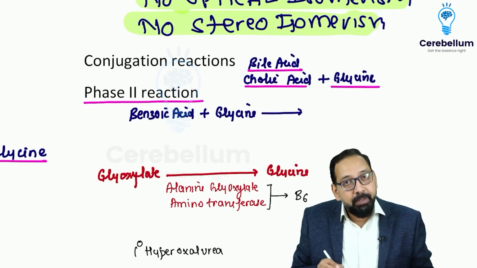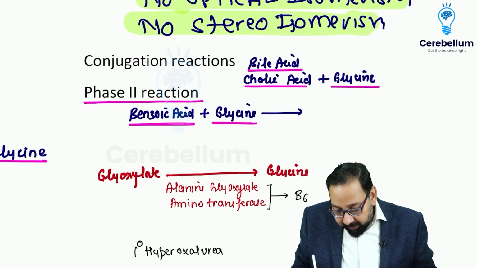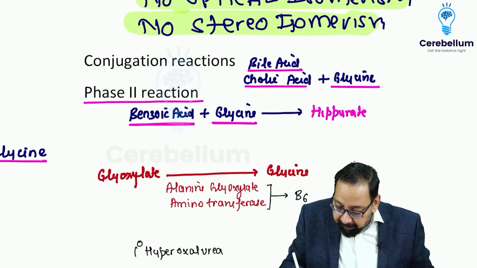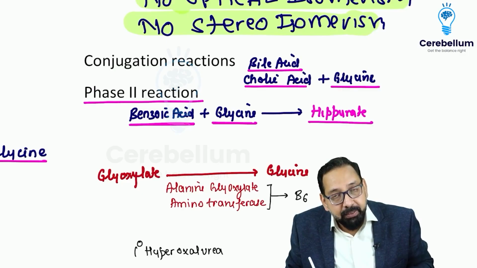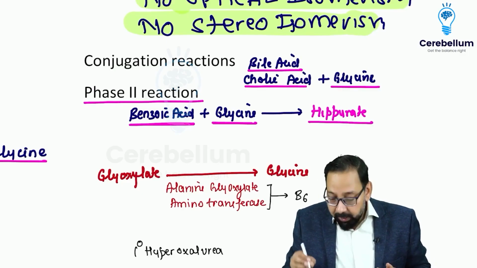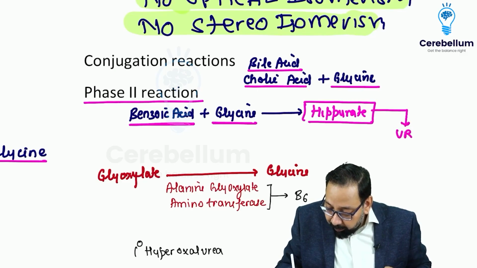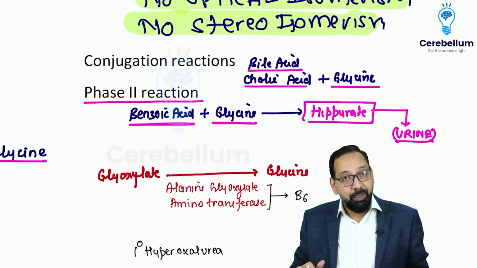In our body, benzoic acid binds with glycine to form hippurate, and this hippurate is excreted in urine. So hippurate or hippuric acid is excreted in urine.